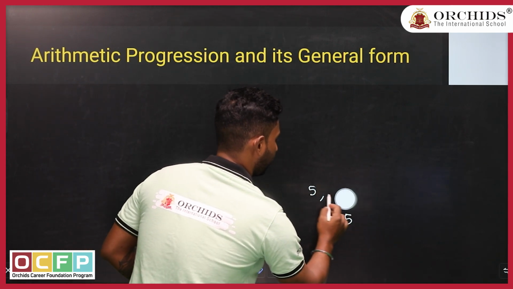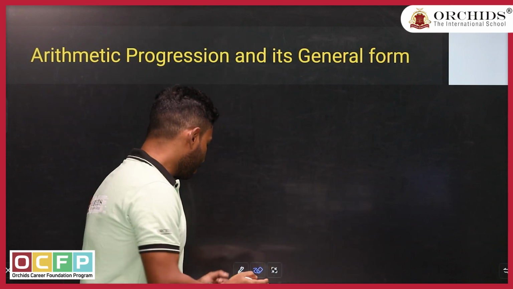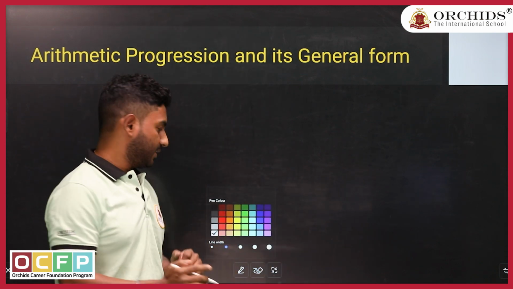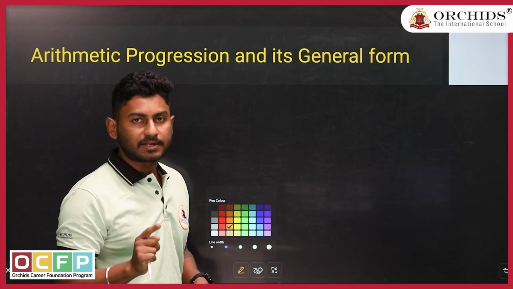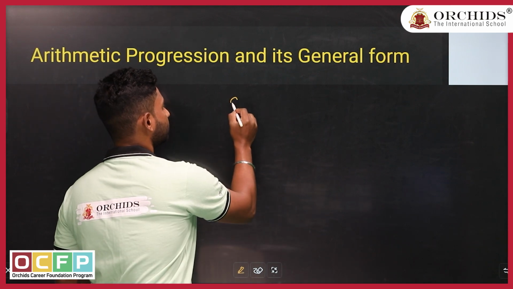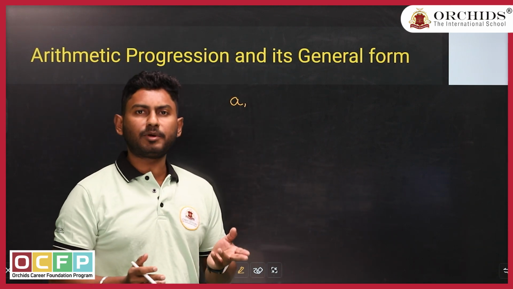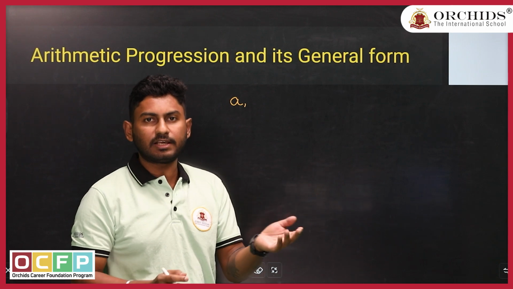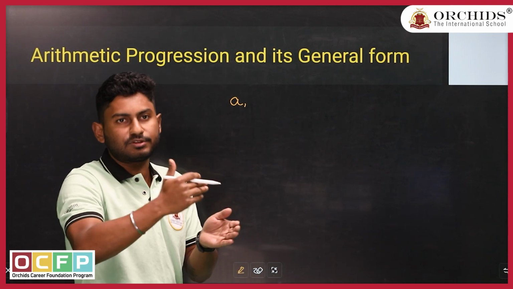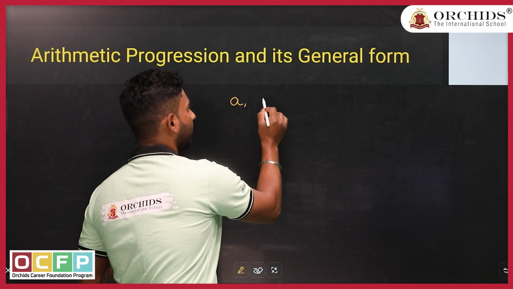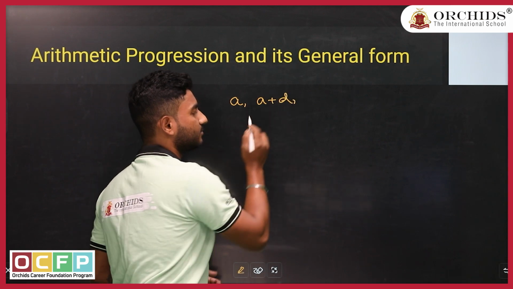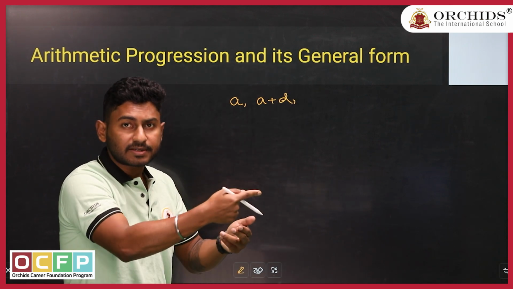Now let us go into the algebra part. If I consider my first number to be A, can you tell me what is the next number? Obviously, if the common difference is D, I have to just add D. So it will be A plus D. What will be the next number?